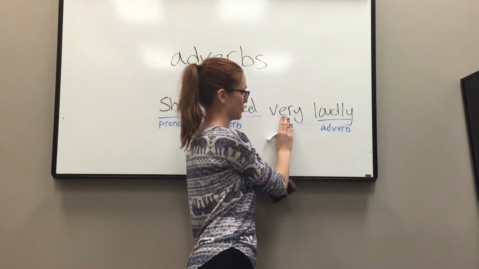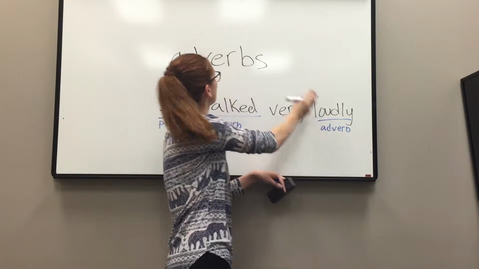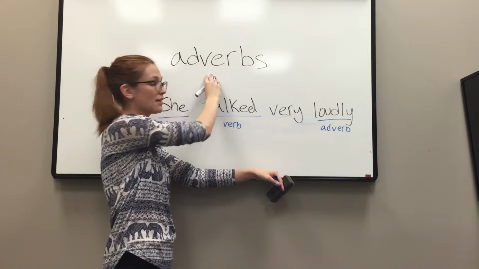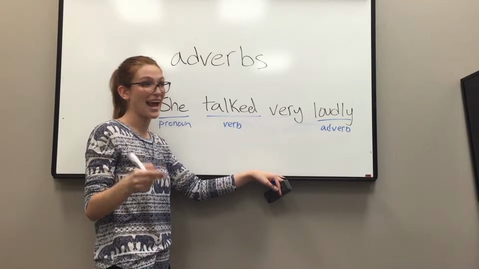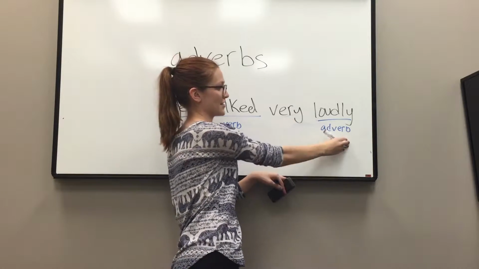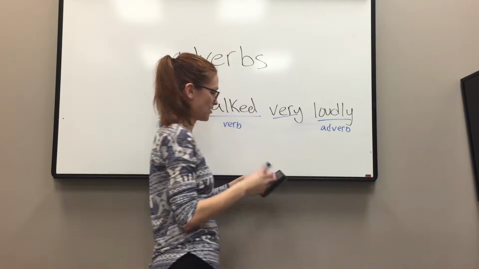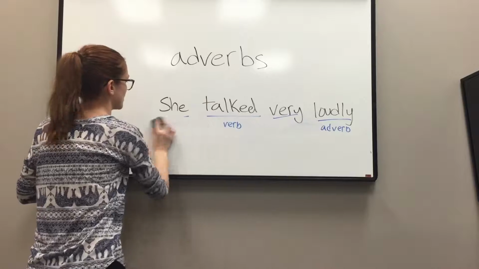So we have a description word before an adverb. And I said that adverbs could describe verbs, adverbs, and adjectives. And very is describing an adverb. So this is another adverb. Great job. We're going to look at one more example.